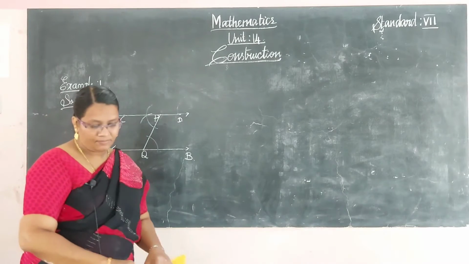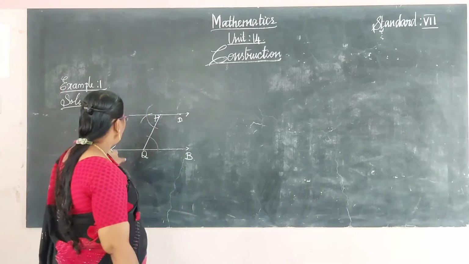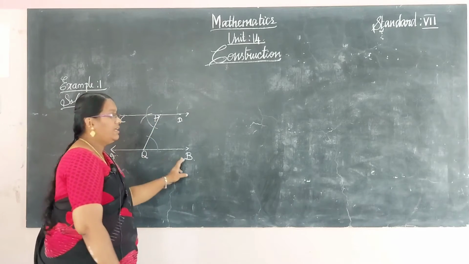Now we get the parallel lines CD and AB.